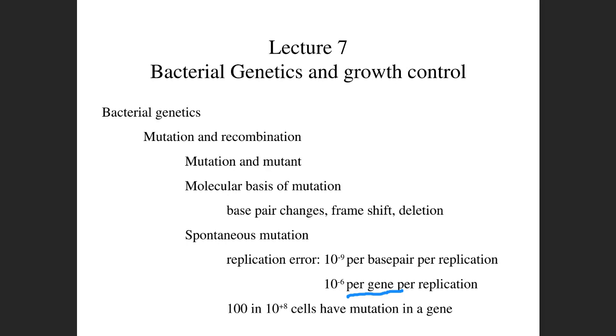But when we measure it per gene, because each gene has 1,000 base pairs, the mutation rate per gene is 1 in a million, 1,000-fold higher. Based on that calculation, if you have 100 million cells, 100 of them will have a mutation. This is an important concept that we will talk about.